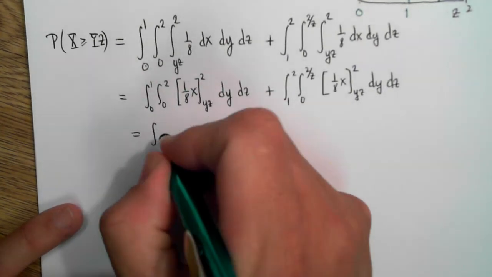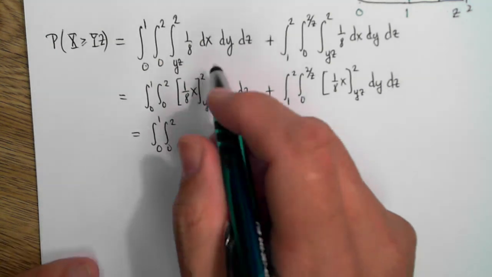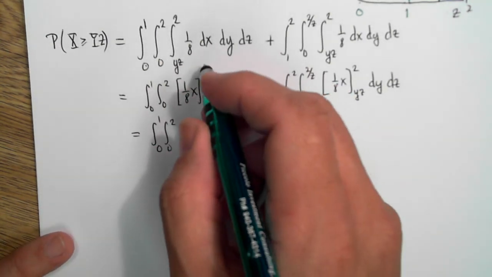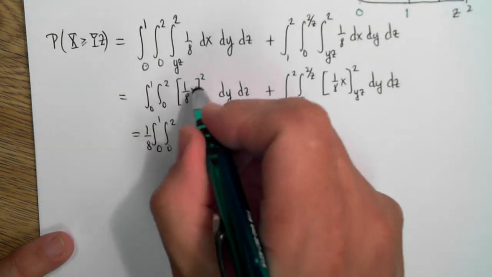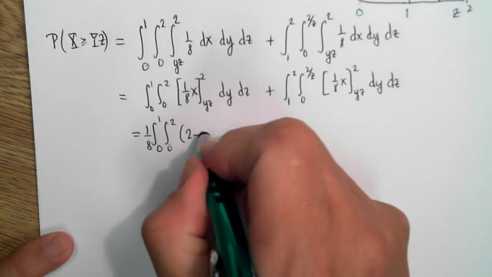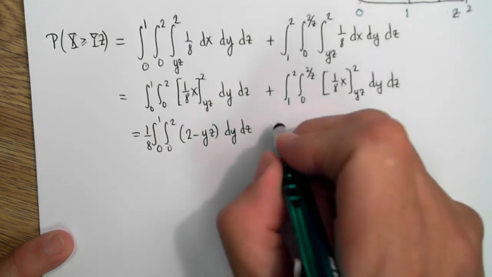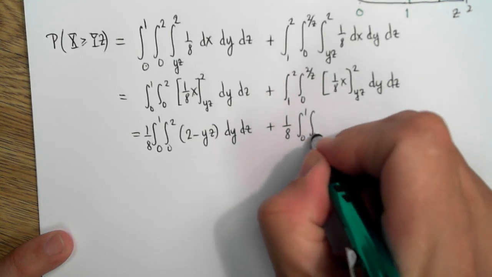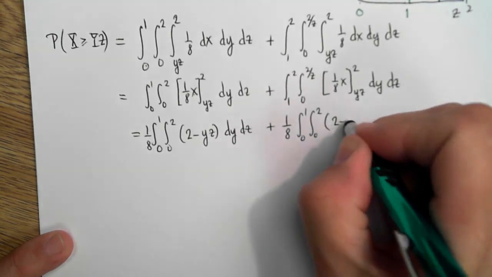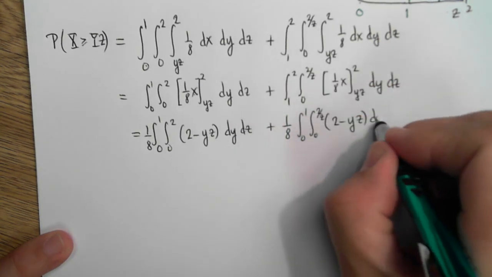That's equal to the integral from 0 to 1, integral from 0 to 2. Then plugging in, I'm going to make life a little bit easier and pull the 1/8 out. Then I've got 2 minus y times z, dy dz. And same thing over here, 1/8, integral from 1 to 2, integral from 0 to 2 over z of 2 minus y times z, dy dz.